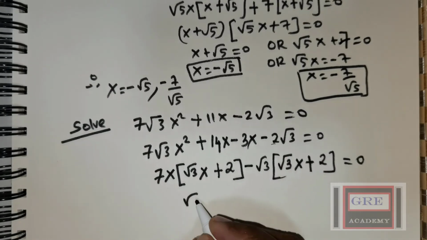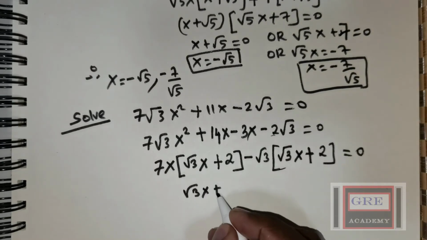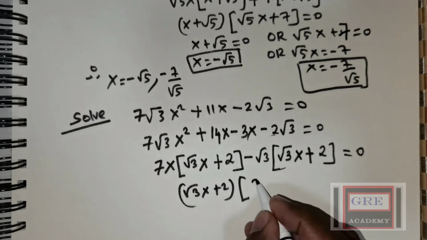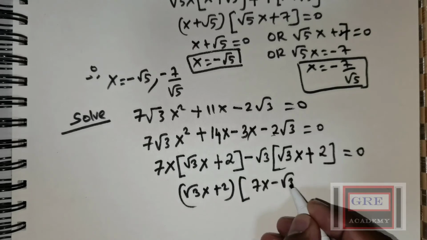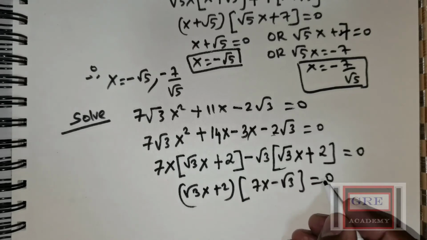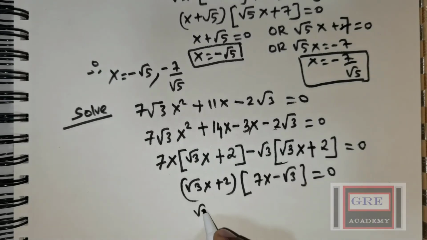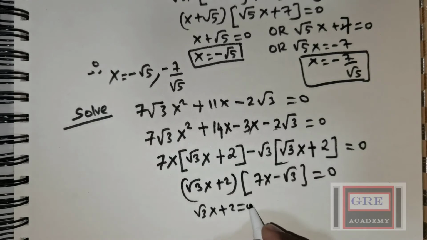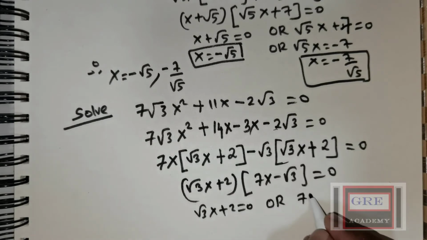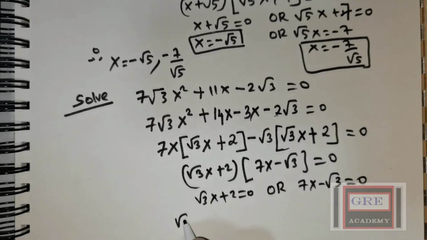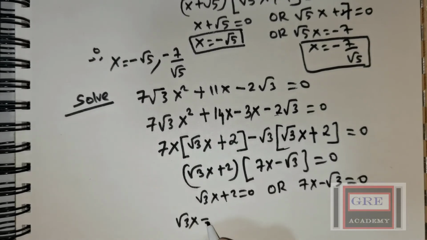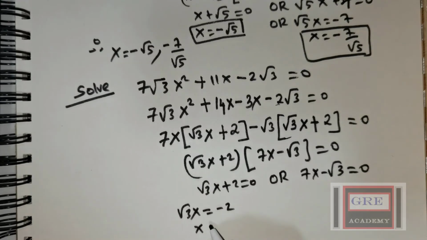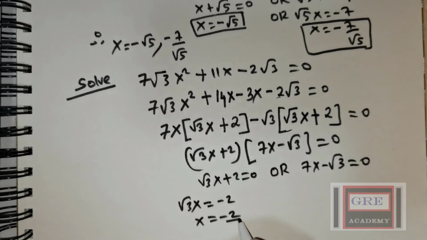Now taking the factors root 3x plus 2 times 7x minus root 3, and that has to be equated to 0. Clearly we would get root 3x plus 2 is equal to 0, or 7x minus root 3 is equal to 0. So from here, root 3 times x is equal to negative 2, so x is equal to negative 2 over root 3.